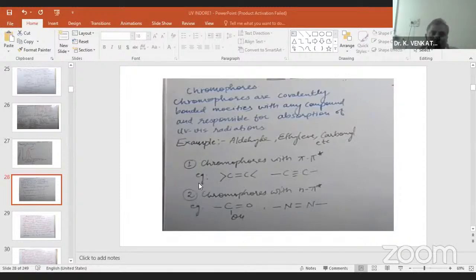For example, aldehydes, ethylene and carbonyl compounds are examples of chromophores. What transitions occur in a chromophore? Pi to pi star transitions and n to pi star transitions, and this type of transition occurs only for chromophores. For C double bond C, pi to pi star transitions occur, and where a heteroatom is present, n to pi star transitions occur.